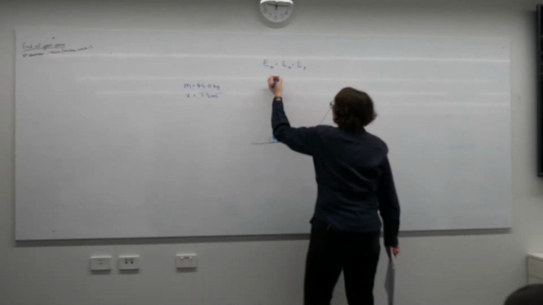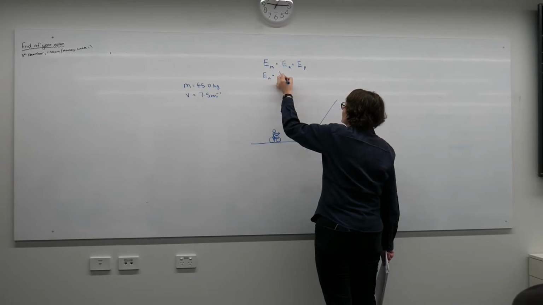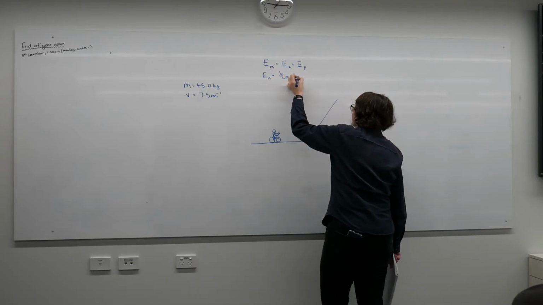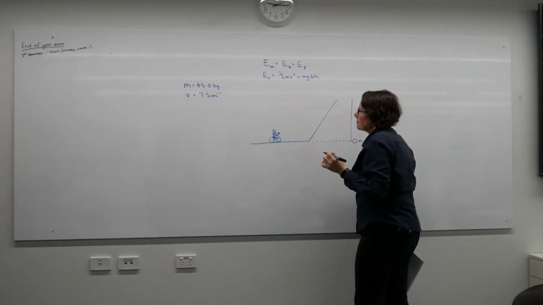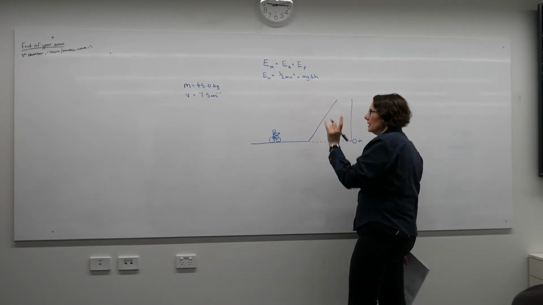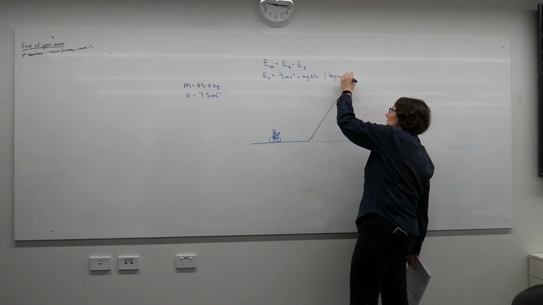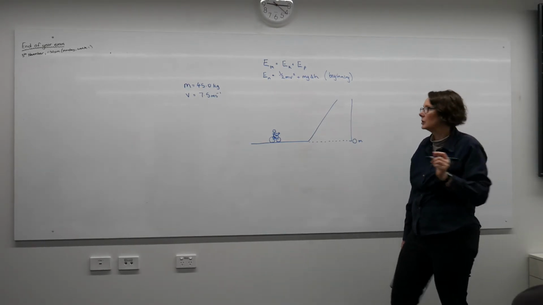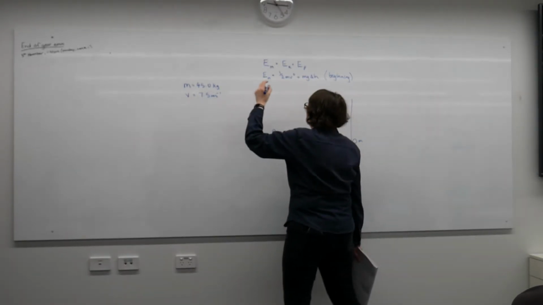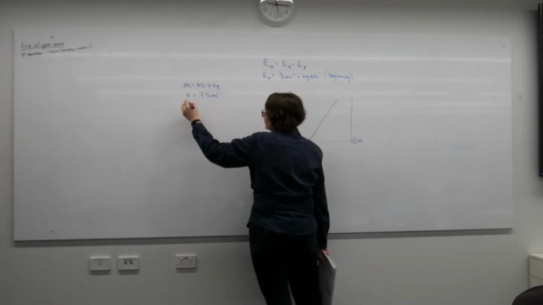if I substitute in here, half mv squared plus mg delta h at the beginning, okay, so this is the beginning. Because this will be the total energy of the system, my height here is 0.